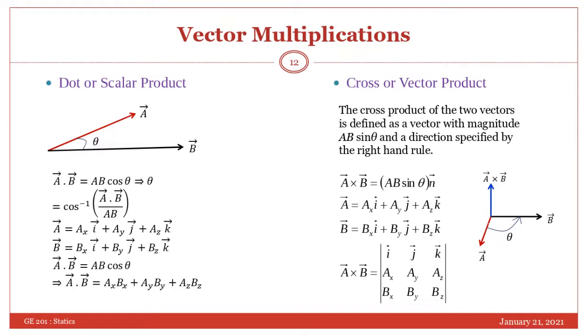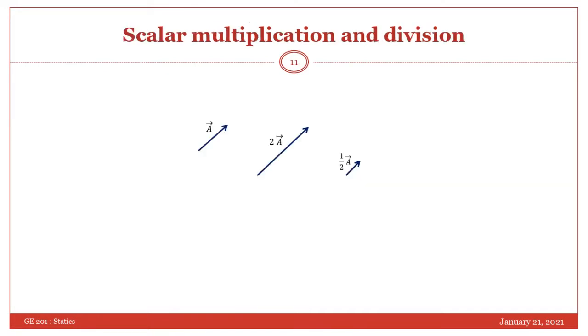Next is vector multiplication, and this is one of the very important multiplications which we will be using in this course. When you multiply two vectors, your answer may be a scalar or a vector.